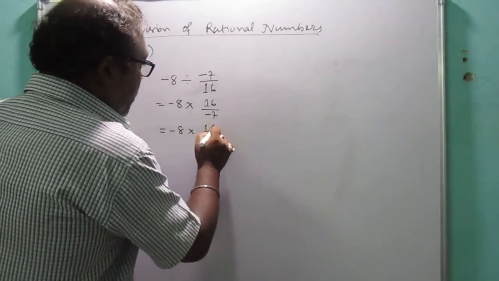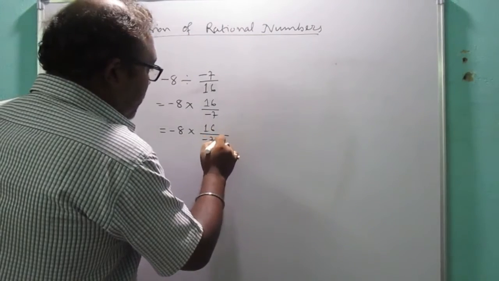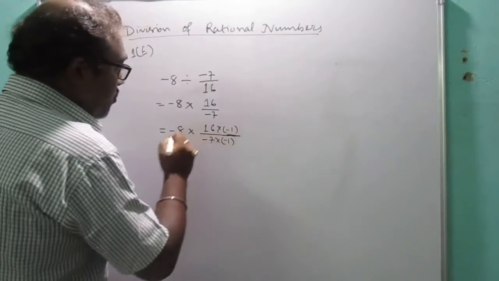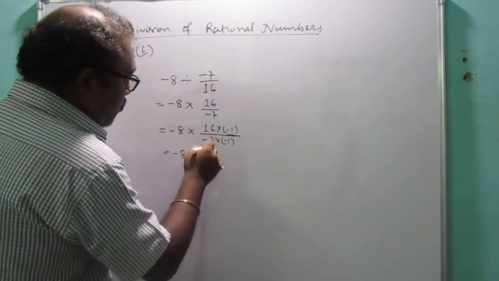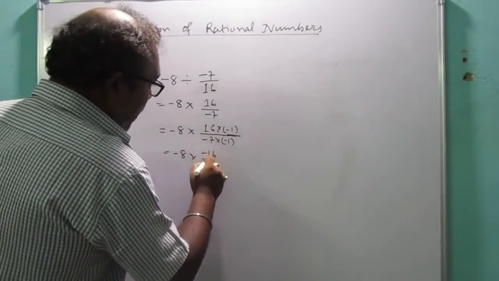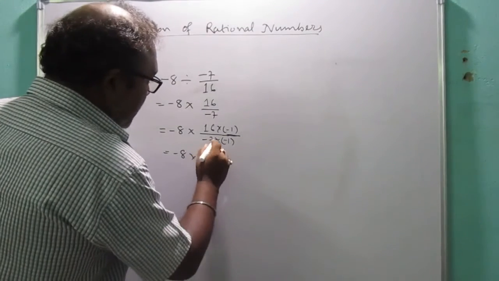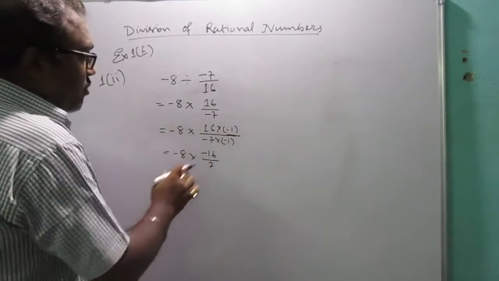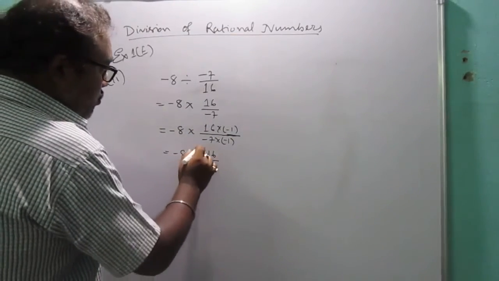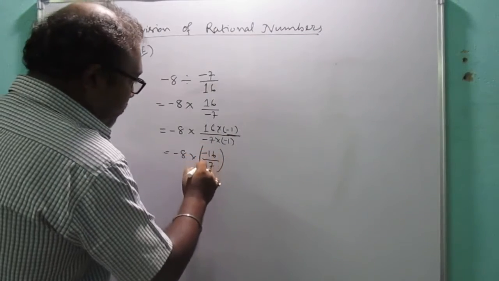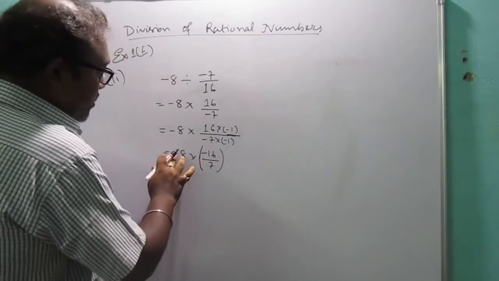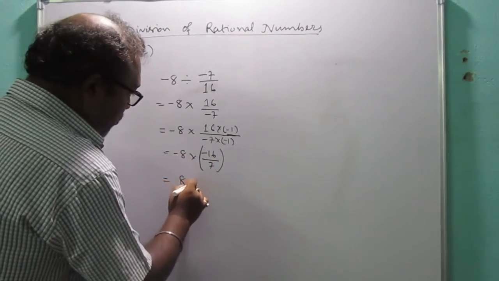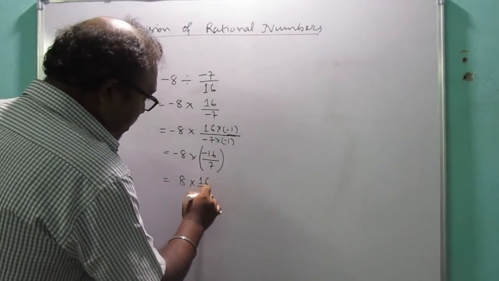So how can you do it? -7 into -1 and 16 into -1. So -8 into minus 16 by, minus 7 into minus 1 will give me 7, and 16 into minus 1 will give me minus 16. Okay, so you can put it inside a bracket. Now this minus into this minus will give me plus, so 8 into 16 by 7.